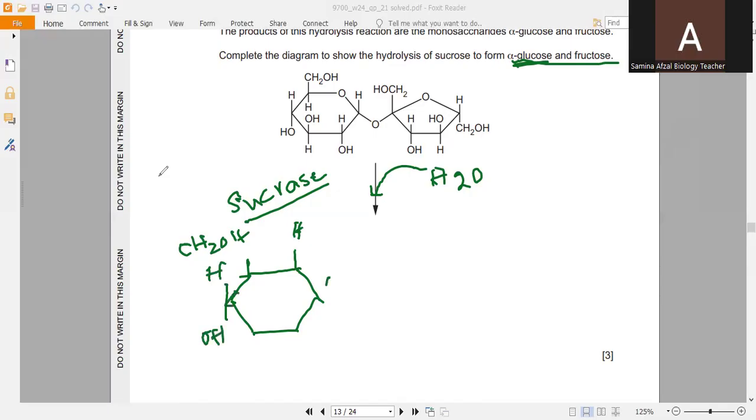Then you can see here hydrogen, and this will be glucose plus fructose.